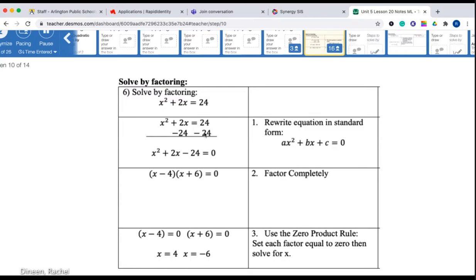So in this example, we had to subtract 24 from both sides. Then you have to factor completely. After you factor, you use the zero product rule, which means you set each factor equal to 0, then solve for x. And those are your solutions.